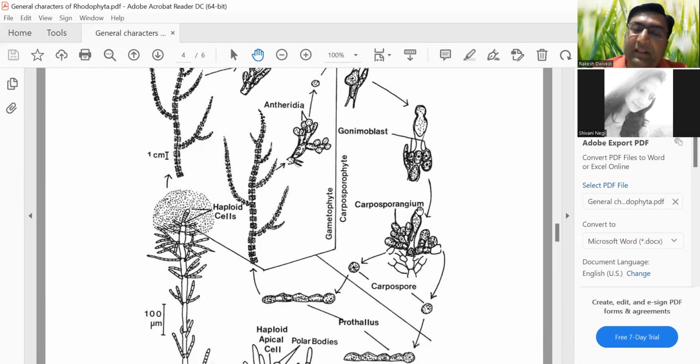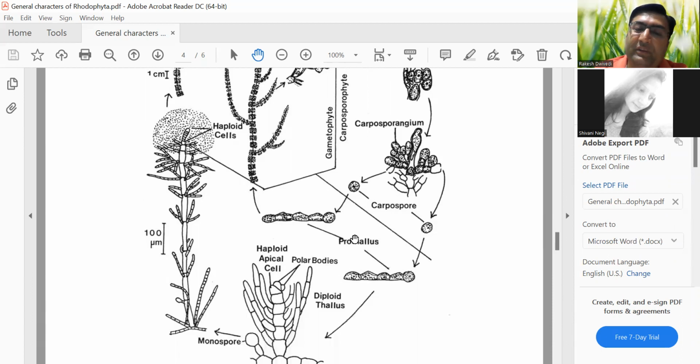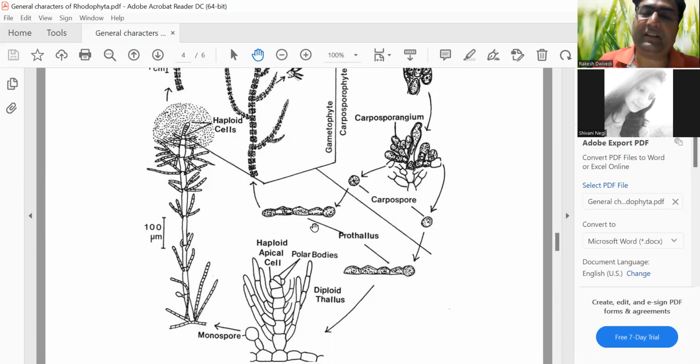See, this is the carpogonium. Carpospore. From this carpogonium, after fertilization, there is formation of numerous filaments known as gonimoblast filaments. Tip of the gonimoblast filament convert into sporangia called carposporangium. This carposporangium produce carpospores, and this carpospore produce, after germination, produce prothallus-like structure.